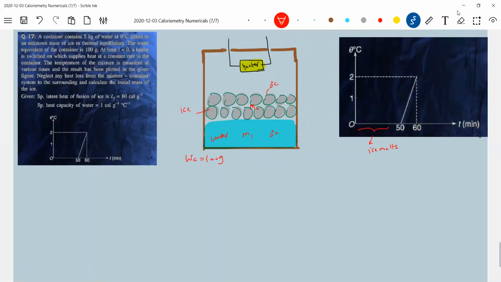How much mass of ice, we don't know. That is what I'm writing as M2. That is what we have to calculate. The temperature will remain 0 only. So what is the time taken? 50 degrees Celsius. Okay, how to bring this idea into the picture now?